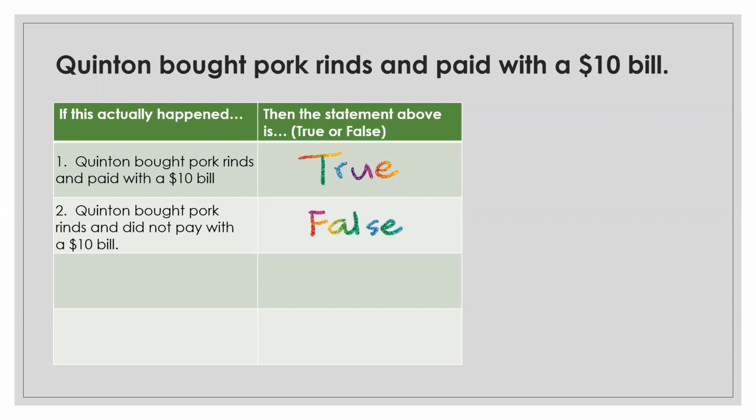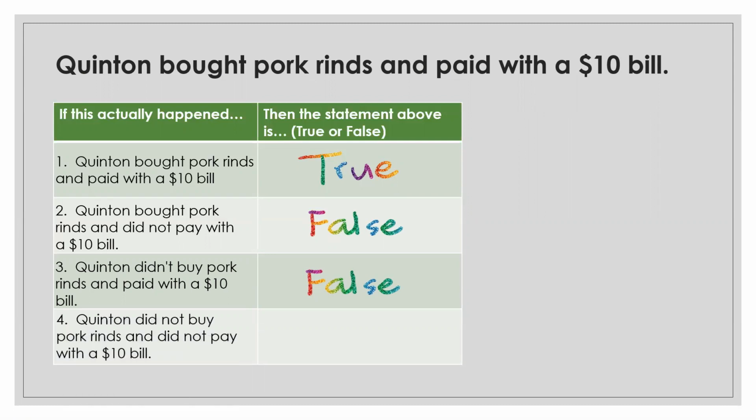Okay, scenario number three. Suppose I came to you and said, Quentin didn't buy pork rinds, but he did pay with a $10 bill. What do you say the original statement was? True or false? It is false. Okay, number four. This is the scenario where Quentin did not buy pork rinds and he didn't pay with a $10 bill.